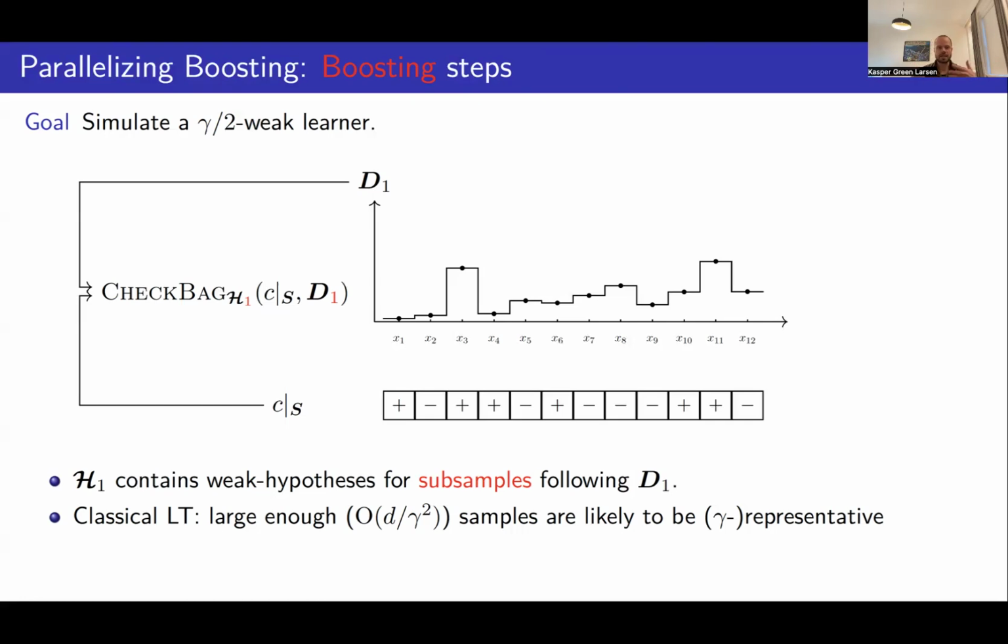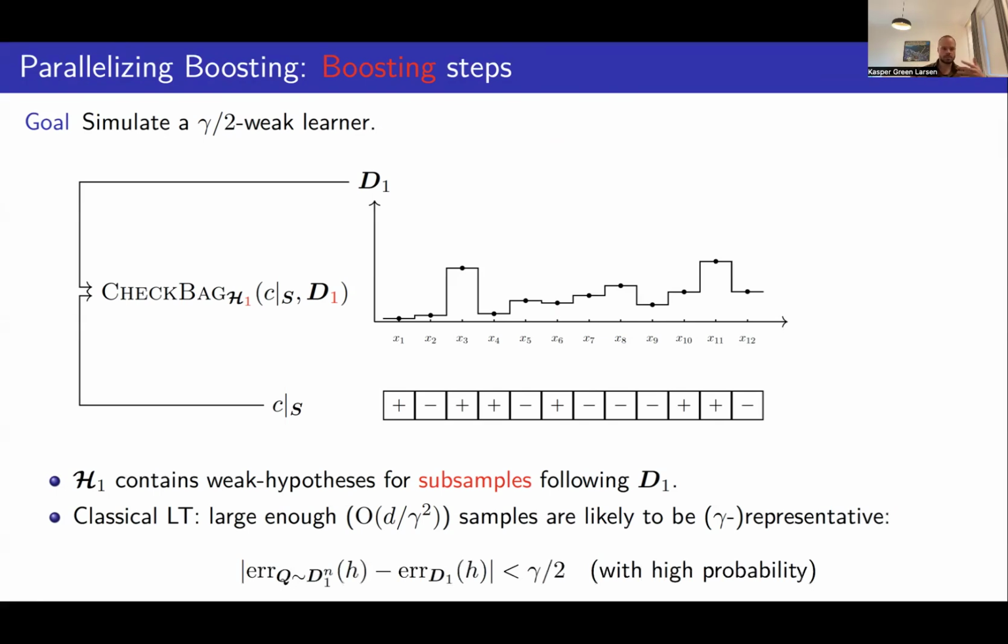So we know if I sample d over gamma squared many samples, then if my error is at most a half minus gamma on the sample, it's at most a half minus gamma half on the original distribution with high probability. This is just standard classic learning theory. So in each of these subsamples, I'll sample something like d over gamma squared many data points.